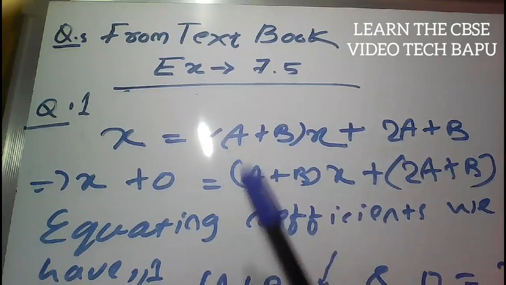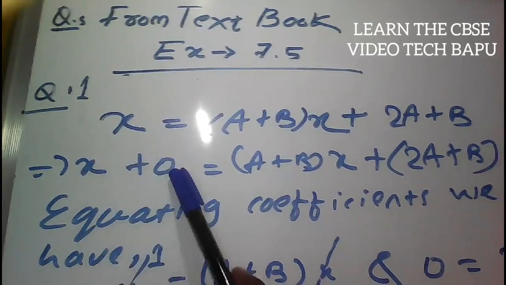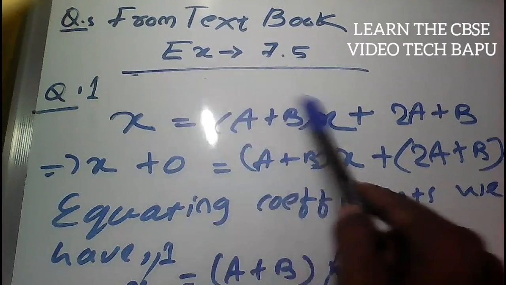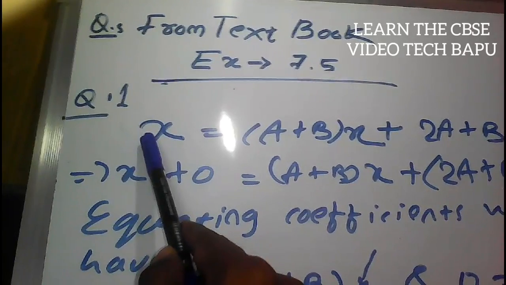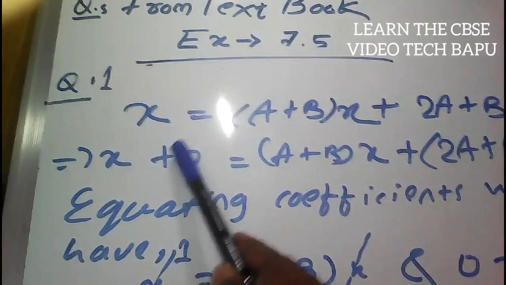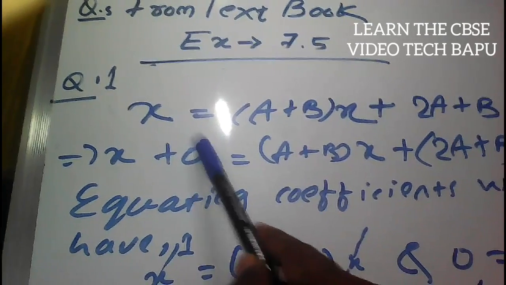Next, by comparing these values, we can write 1 as 0 into x plus 1, so as to compare the coefficients: x coefficient is a plus b, and on the other side the x coefficient is 0. The constant is 2a plus b, which equals 1.